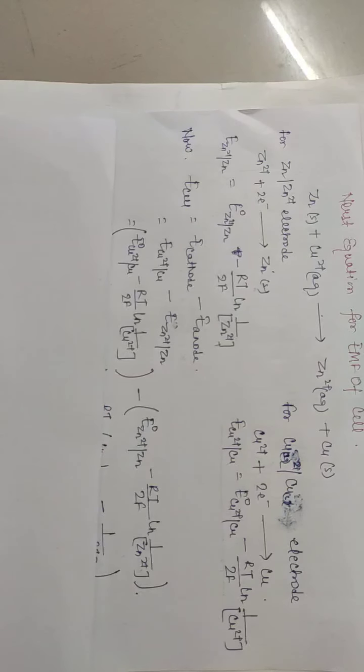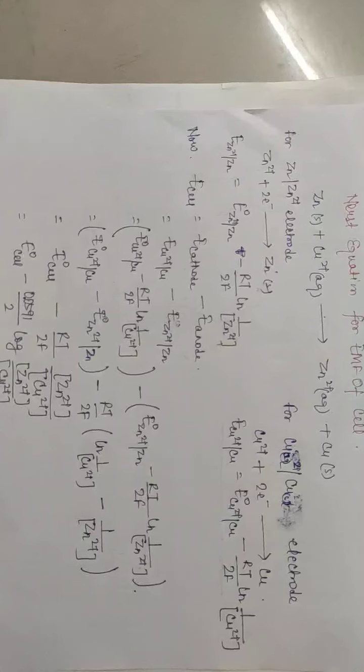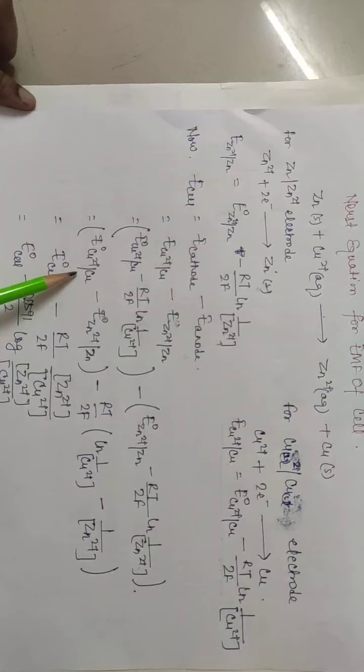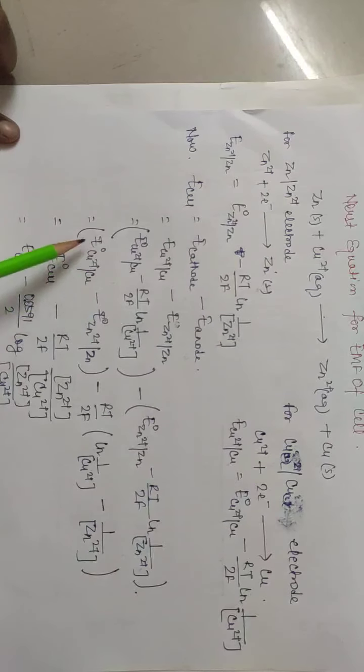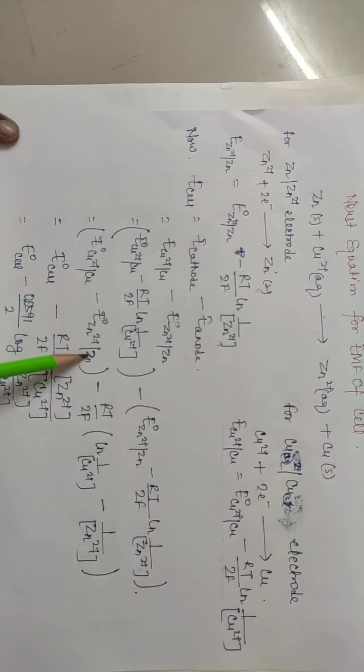Rearranging, we get E naught for copper minus E naught for zinc, which gives E naught cell, whereas rearranging the remaining terms gives ln 1 upon Cu2+ minus 1 upon the molar concentration of Zn2+ ion.